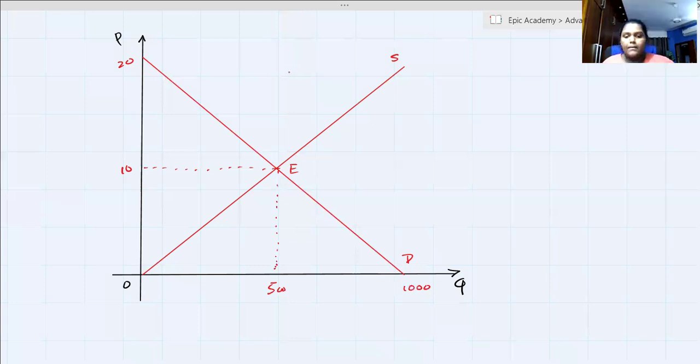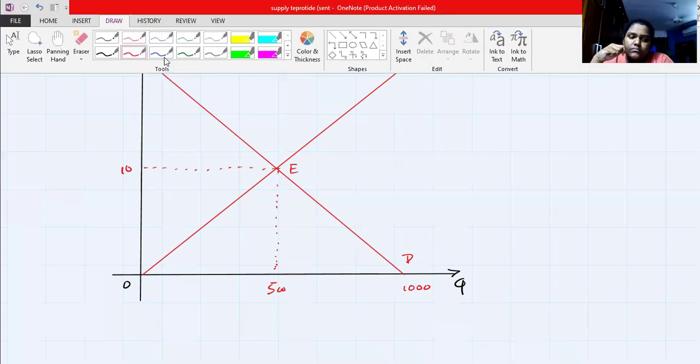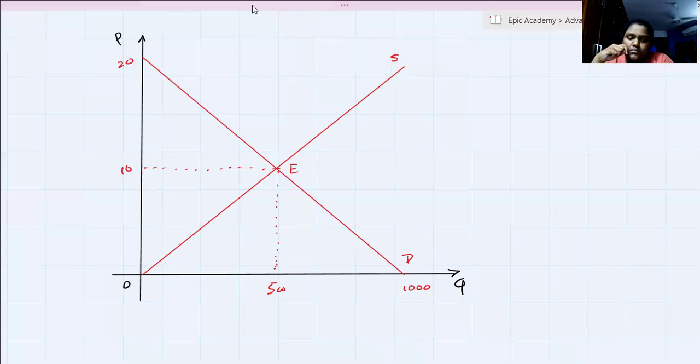The government decides that this equilibrium price is very high, so consumers are unable to pay that value. So they impose a maximum price ceiling below the equilibrium price. Why?